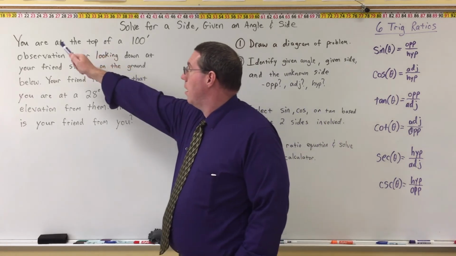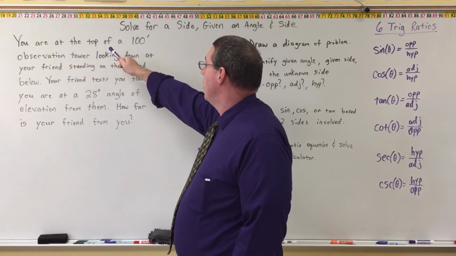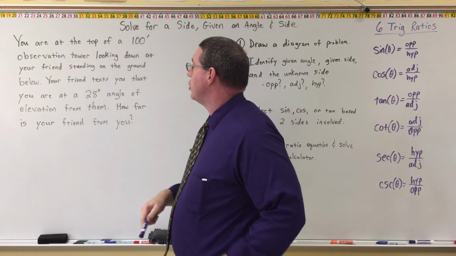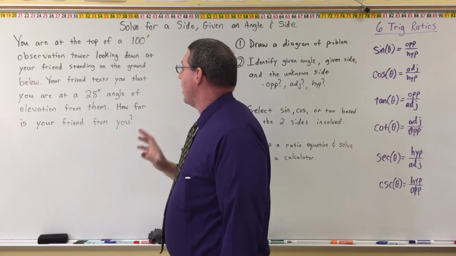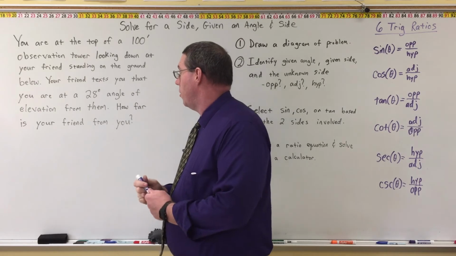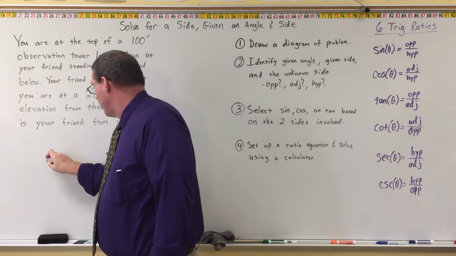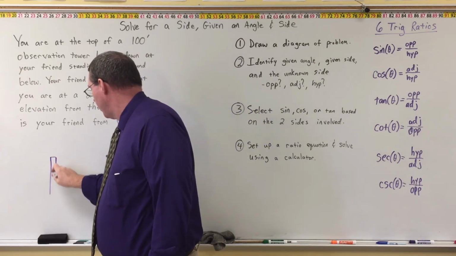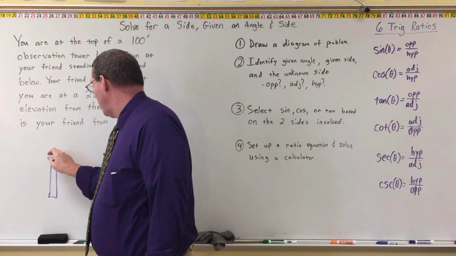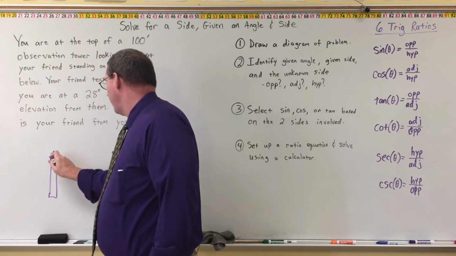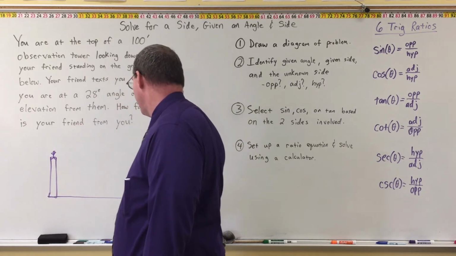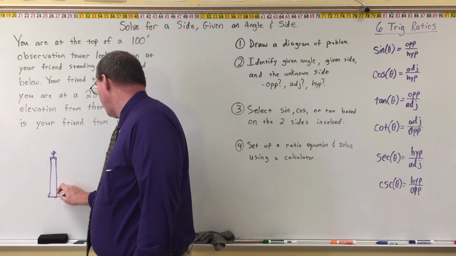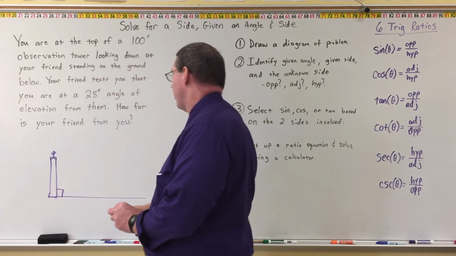You are at the top of a 100-foot observation tower looking down at your friend standing on the ground below. Okay, so here's the observation tower, and here's you up here, and your friend is down here on the ground, and presumably the observation tower is built at a 90-degree angle from the ground.